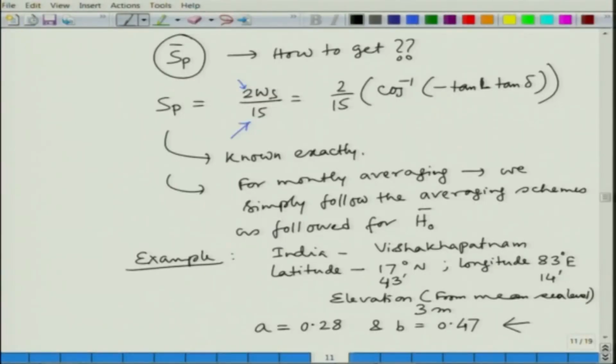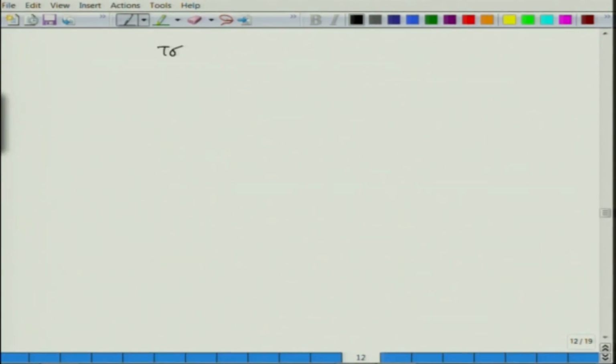Now, another important question is about the total or often called global radiation.